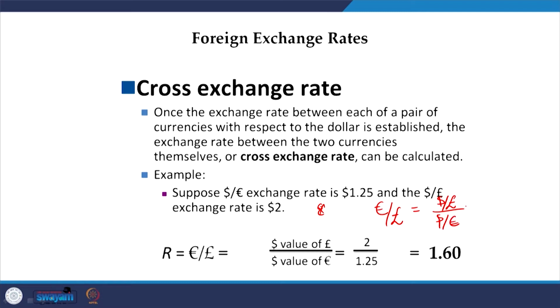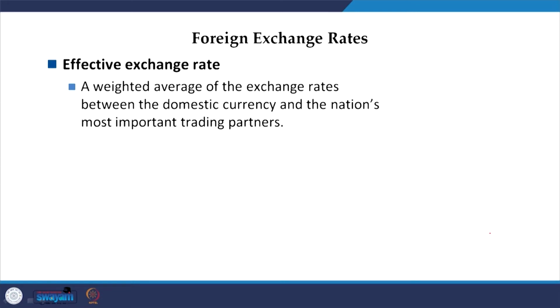In the numerator we want euro, so dollar cancels, and it will be equal to euro divided by pound. So, we simply divide 2 by 1.25, which is 1.6. So, how many euro can a pound purchase? It is 1.6.